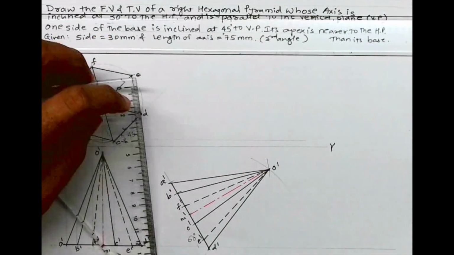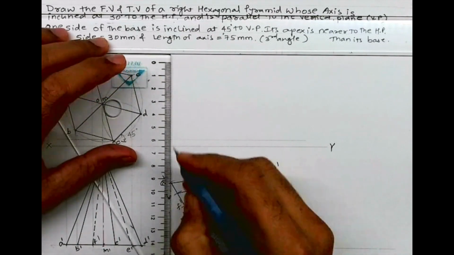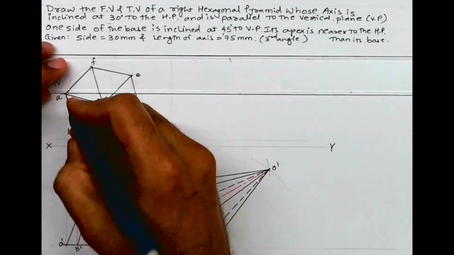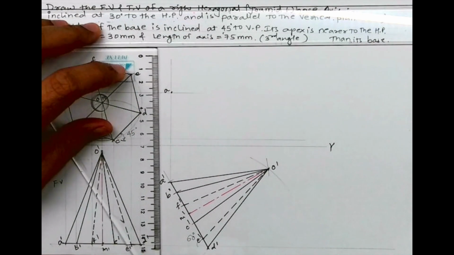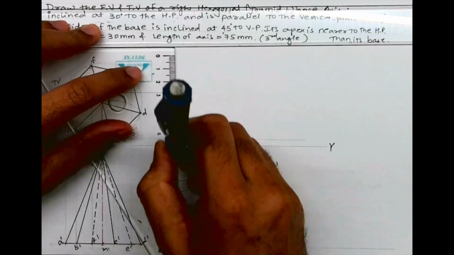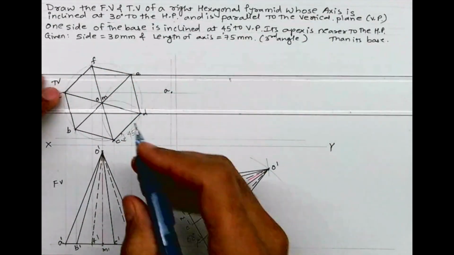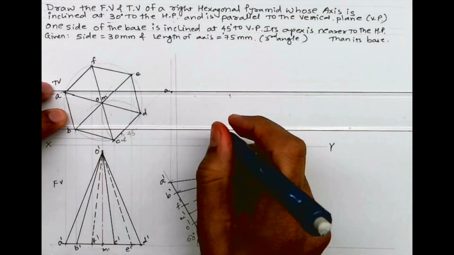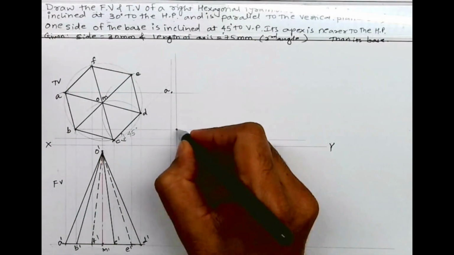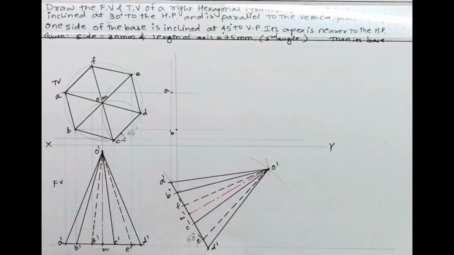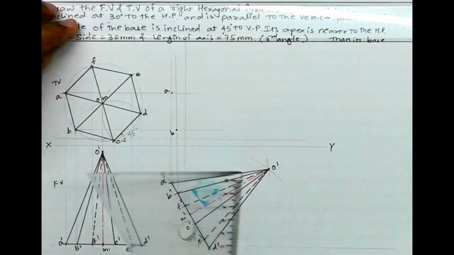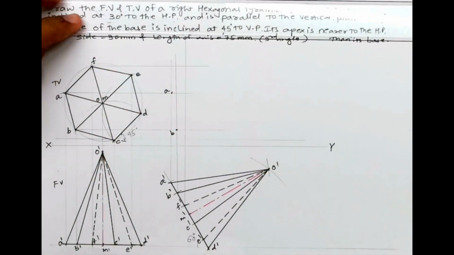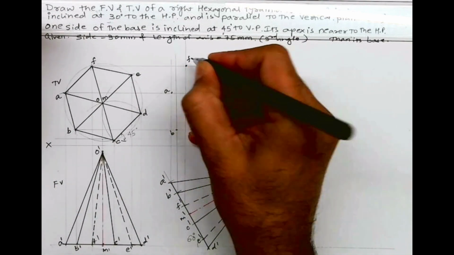So what I will do, I will project from A dash, and I will project from A. So I'll get point A. Same way I will project from B dash, and from here I'll project from B. I'll get point B. Same way you project from F dash, and from here F. Wherever they meet, that is point F.